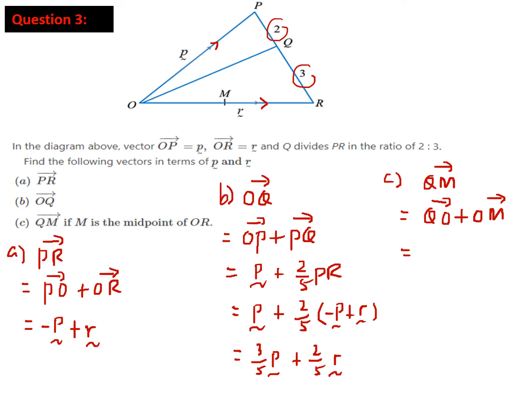Vector QO is in the opposite direction to vector OQ, which means it is negative of 3 over 5 vector P plus 2 over 5 vector R, plus OM, which is 1 over 2 R. When we simplify, we get vector QM equal to negative 3 over 5 P plus 1 over 10 vector R.